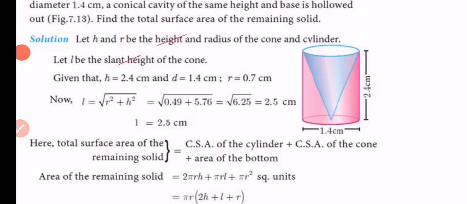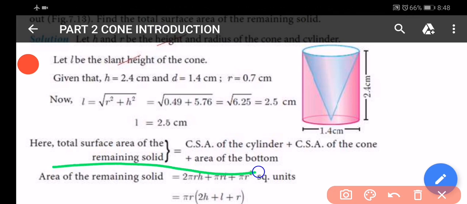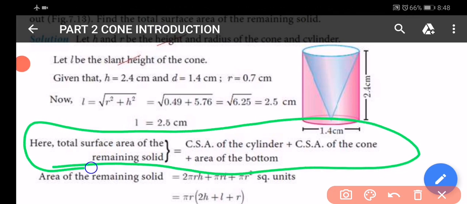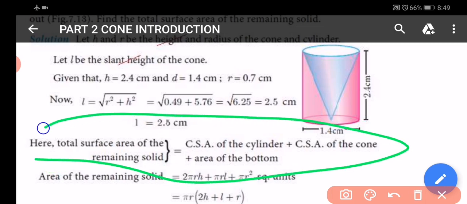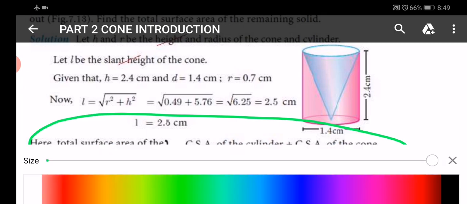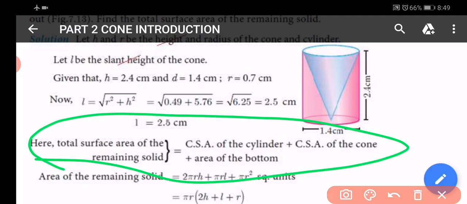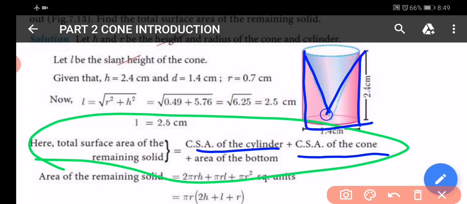So total surface area of the remaining solid equal to, first one, curved surface area of the cylinder plus curved surface area of the cone, that is this area.